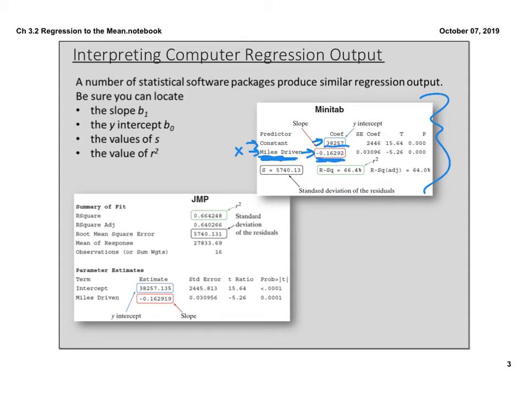The other things that you see: the S value, which we talked about is the standard deviation, so that $5,740. You also see R squared, written R-SQ, and that's the 66.4%. A lot of times the question may say something along the lines of, what's the R value?